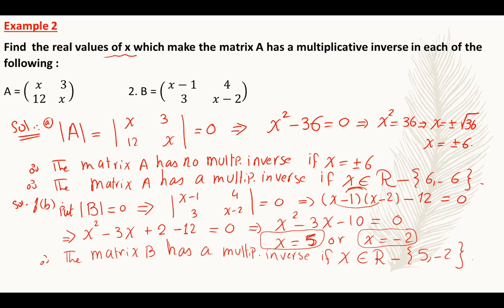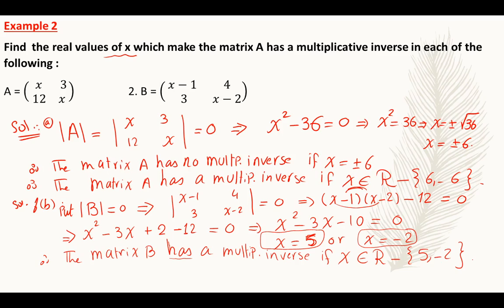So the matrix B will have a multiplicative inverse if x belongs to R except 5 and negative 2. So you can replace x by any number in R except 5 and negative 2.